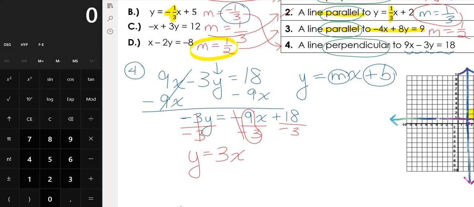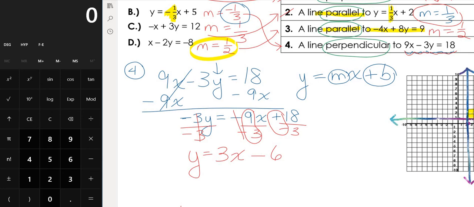And now on the right here, a positive and a negative makes it a negative. When the signs are different, if you're multiplying or dividing, it's negative. 18 divided by 3 is 6. So this equation, 9x minus 3y equals 18, can be rewritten as y equals 3x minus 6.